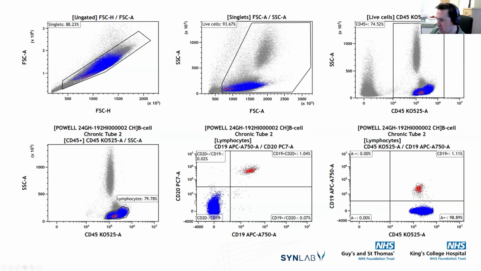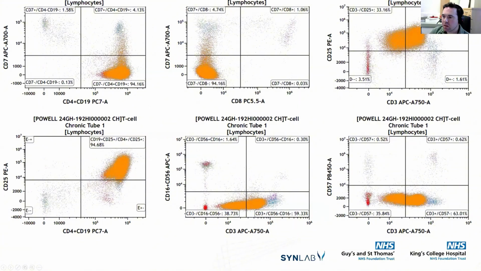And CD20 negative. And then in this tube, this population was all CD7 negative. It was all CD25 positive. So CD3 positive, CD25 positive, and then a drop off or no CD7 expression.